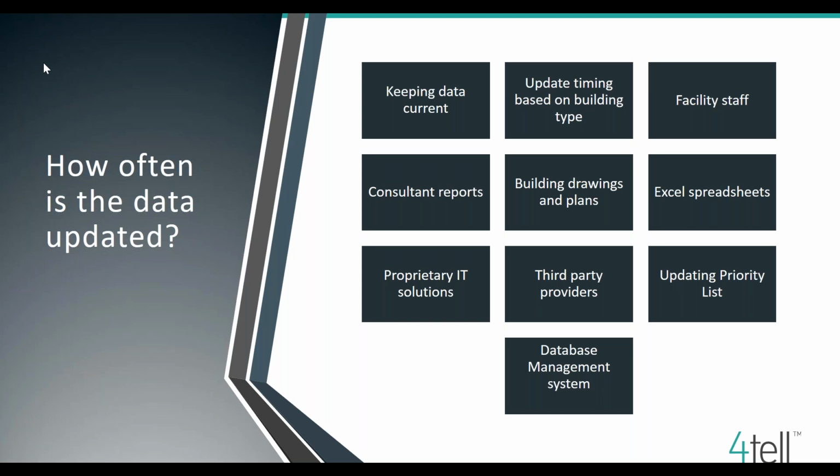All of that leads to how you're going to maintain your facility condition data. Part of what Matt was talking about is they had information that wasn't well suited for what they were doing, and it got old, and they had to figure out how to bring that up to current standards so it's functional for them. I think this is very key. You've got a variety of sources of data coming in, whether it's from your facility staff, consultant reports, or updated building drawings and plans.